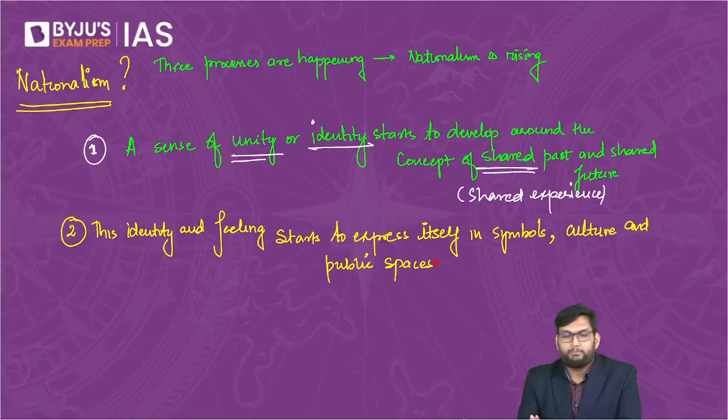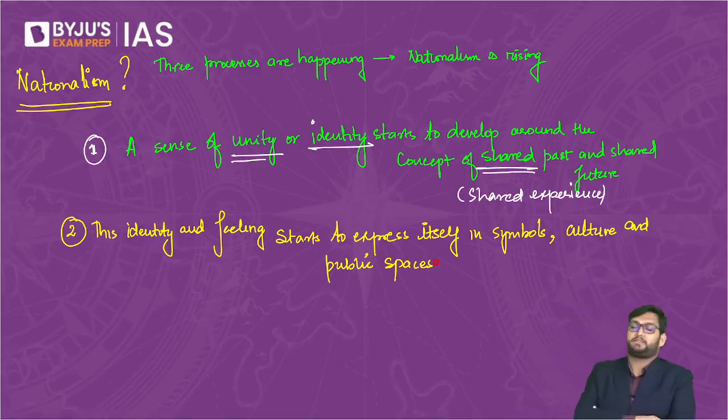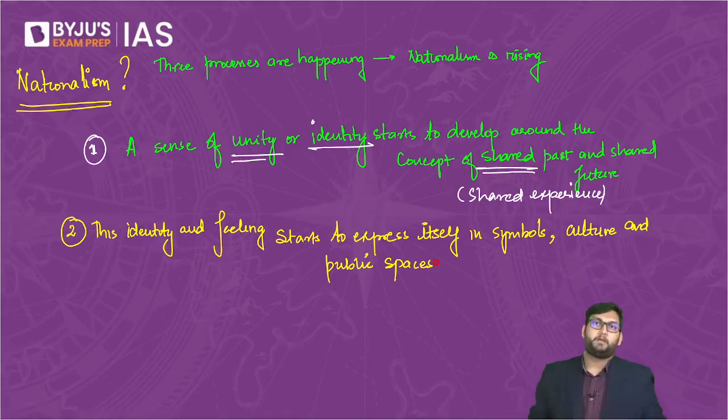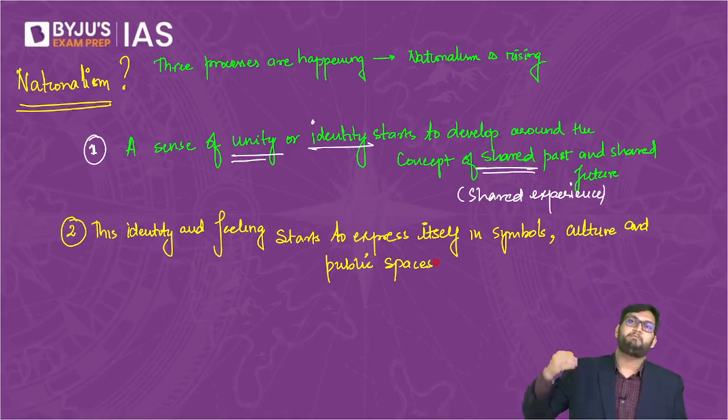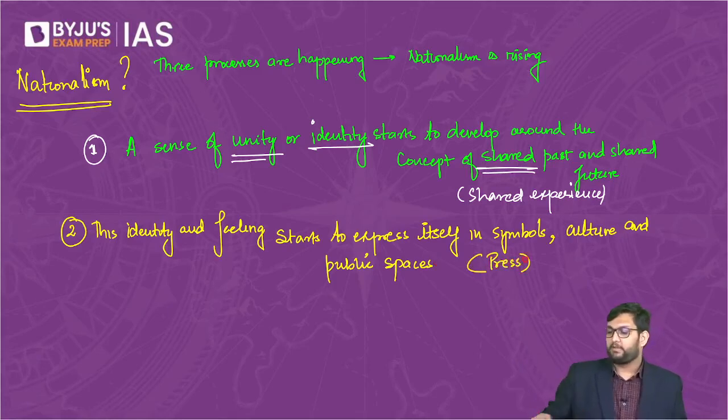So the simple point of the matter is that this identity now starts to get expressed in the press, poems, critiques, symbols, cartoons. In this, the most important role is played by the press.